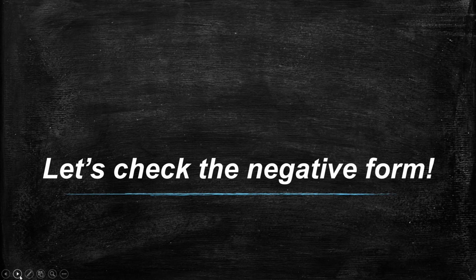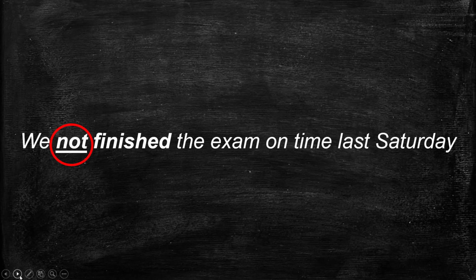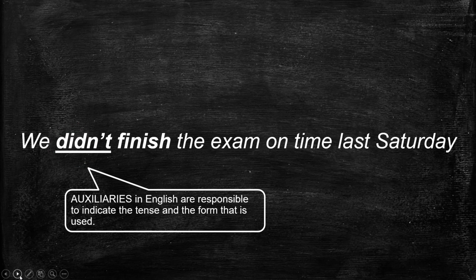Now let's check the negative form. We have one example. Example number 1 is we not finished exam on time last Saturday. The expression not indicates negative form, but this is not correct. And there's some information that is very important in English that we have to understand. Auxiliaries.